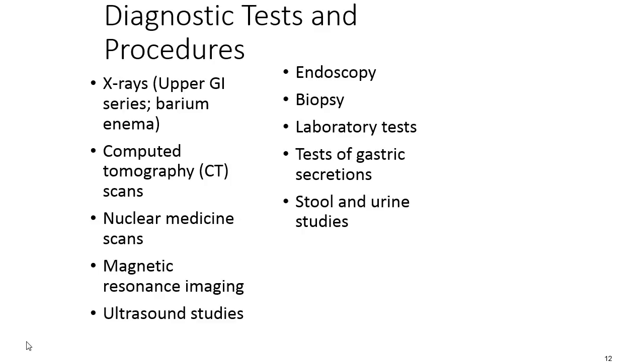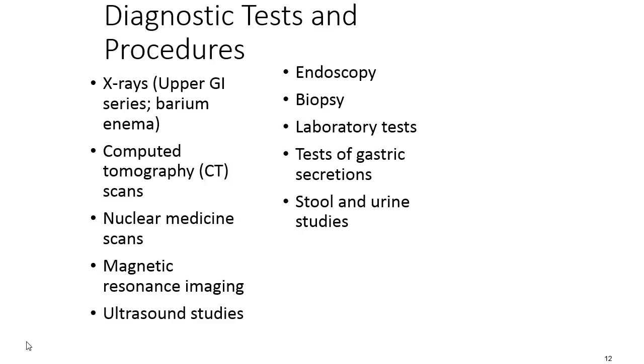For endoscopy, we can do an upper endoscopy and look at the esophagus, the stomach, and the upper part of the small intestines. For that type of test, again, we would have them NPO, and the patient would receive mild anesthetics such as Versed, where they could still be alert but they don't remember the procedure.